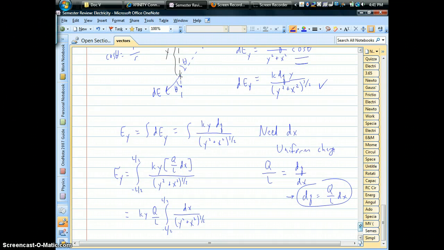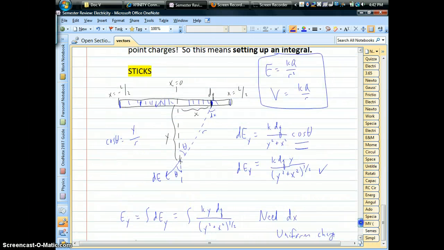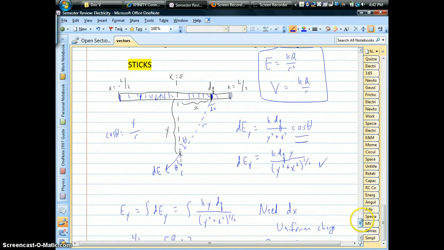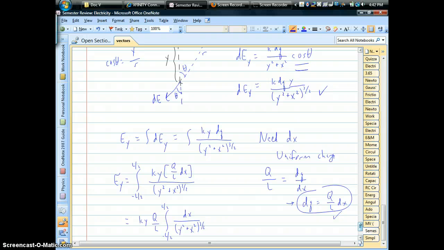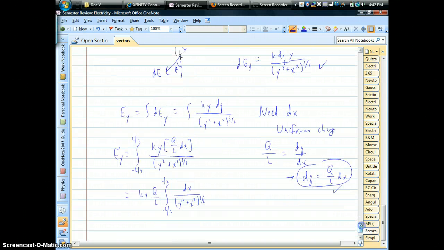And last but not least, this is where we have to use this ratio, this charge density idea, in order to evaluate the integral. It's not as easy as it might seem on paper, but in the end, we get something that we can solve, and we can actually find an answer to this. So I hope this helps. Until next time, we'll see you later.